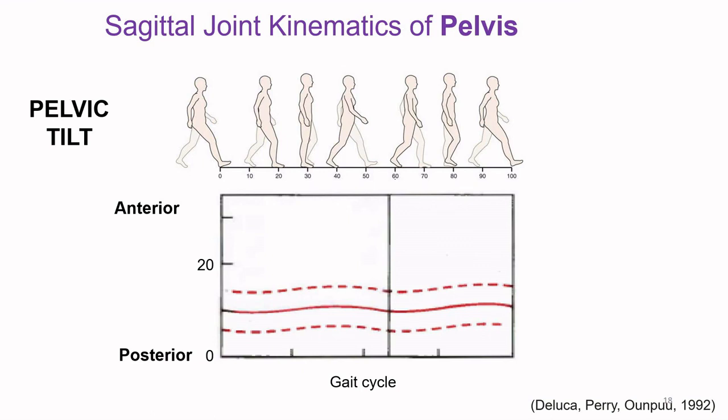The closer the dashed lines are to the solid red line, the more reliable the average pattern is going to be. Your goal in working through this material is to learn to get a feel for what typical gait kinematics look like.